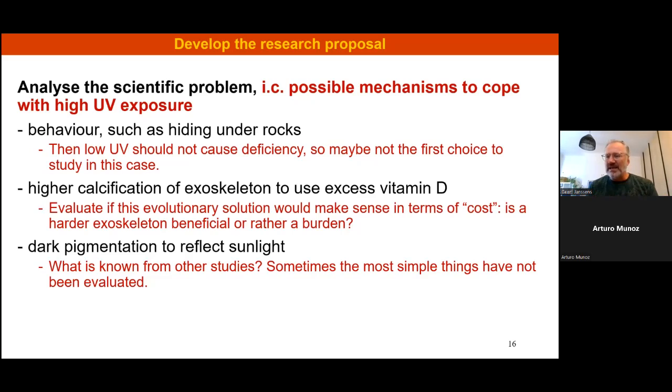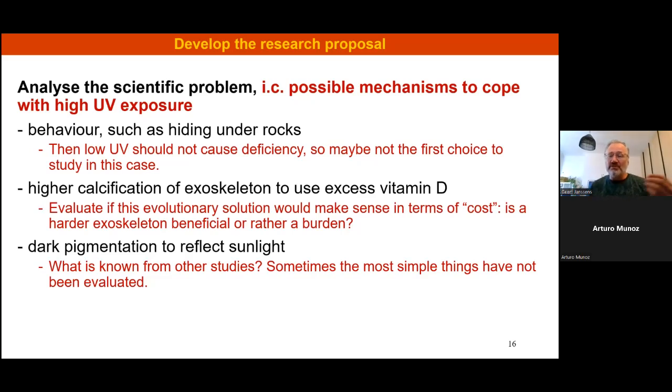Does it make sense that an animal would do that? Is it beneficial to have a harder exoskeleton, or rather a burden? Because it's not because an animal can produce something at a higher level, like calcium building blocks, that it is beneficial. Maybe it's just a burden, and therefore it would not be a good evolutionary solution.